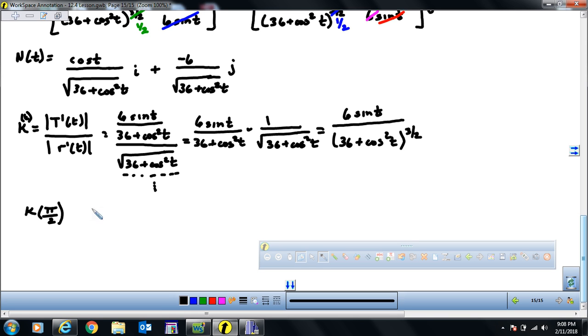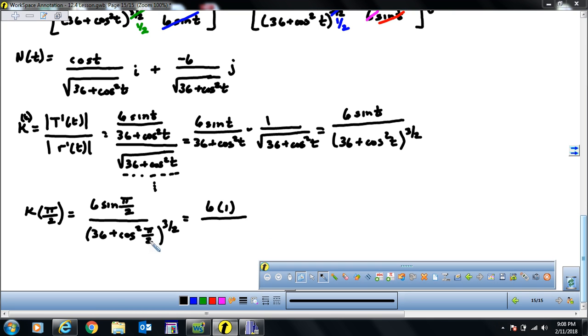So it would be 6 times sine of pi over 2 divided by 36 plus cosine square of pi over 2, raised to the 3/2. Sine of pi over 2 is going to be 1. So it's going to give us 6 times 1 over, and cosine of pi over 2 is going to be 0.